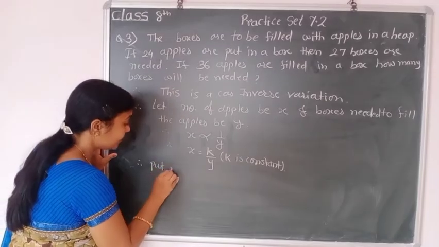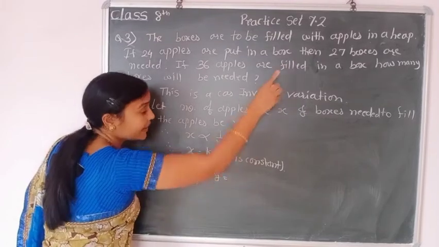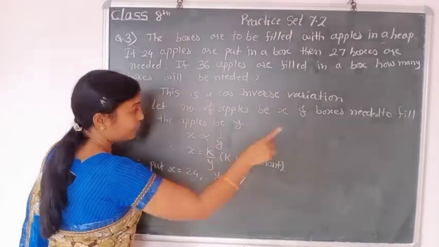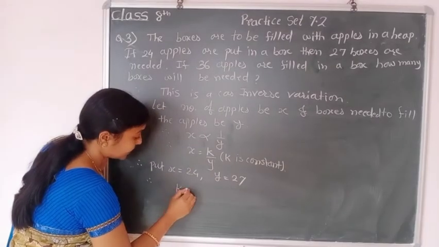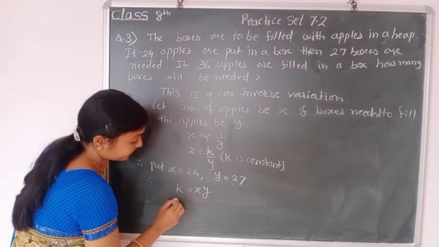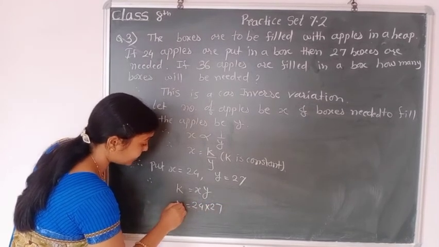First we find out the constant of variation. Put x equal to 24 apples and boxes needed 27. y are the boxes. Therefore we find out the k, x into y. x means 24 into 27 equal to k.